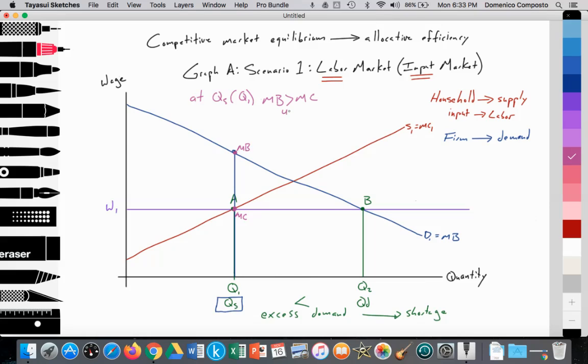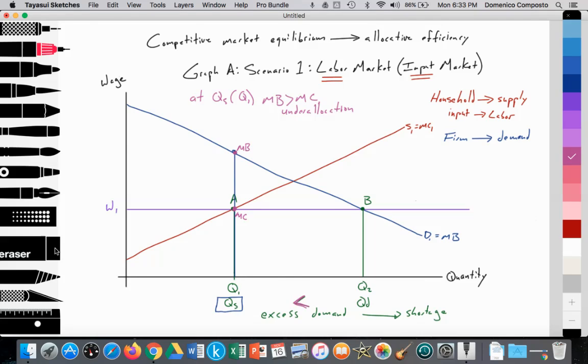So that's what we call an under allocation of resources versus what is desired by society. Under allocation will usually tie in with excess demand or a shortage. So we see a shortage because quantity demanded is greater than quantity supplied. And at QS or Q1, we see that the marginal benefit is greater than the marginal cost.